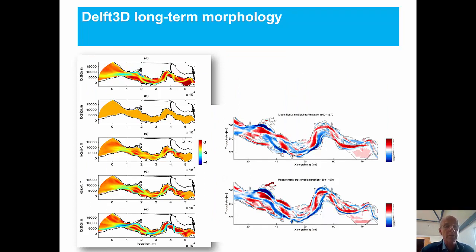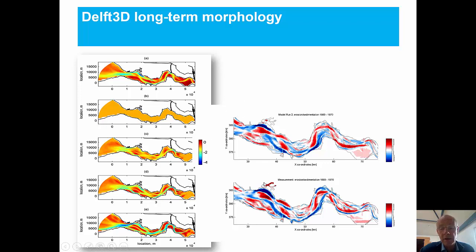About the long-term morphology used with Delft3D and other two-dimensional models, we have gone to the situation where we have a measured configuration of a tidal estuary, and if we start with a flat bathymetry, we can actually generate topographies that are extremely similar to what is observed here.